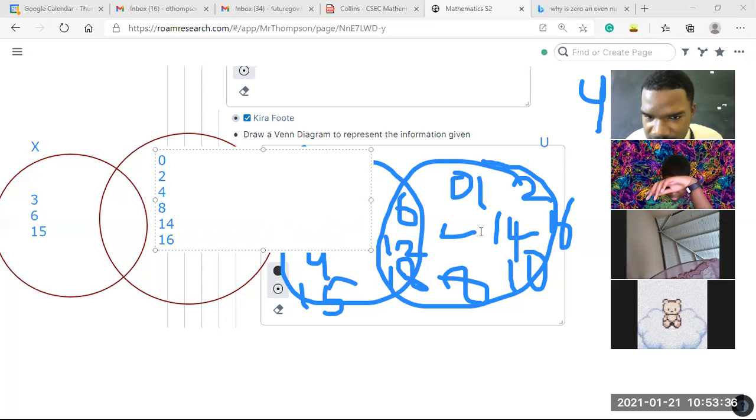Missing any numbers? 10. Okay. And 12 and 6.